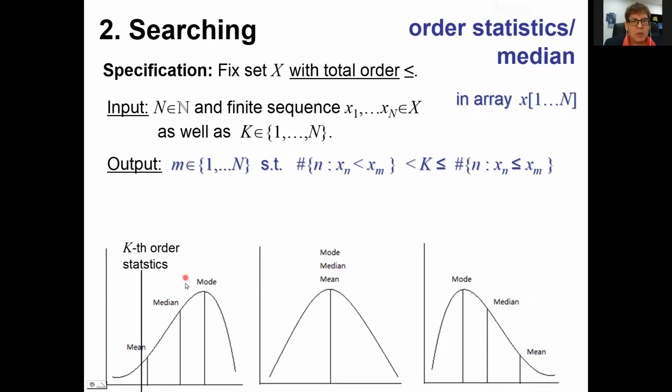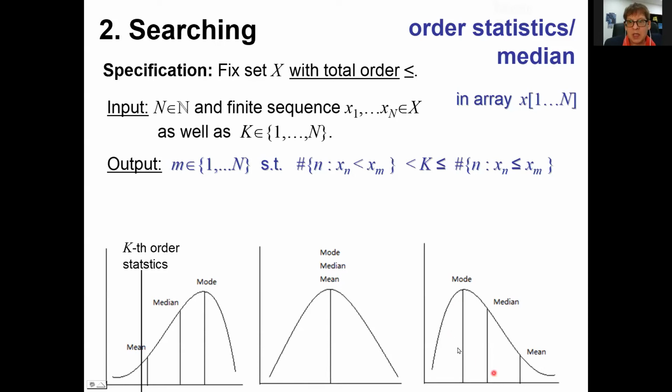The goal is to output the median, or more precisely the kth order statistic, that is an element, or rather the index of an element, which has k elements less than the element and n minus k elements larger. Or more precisely, because it might not be precisely k elements, satisfy this inequality. So that's the specification of the median and more generally the order statistics problem.